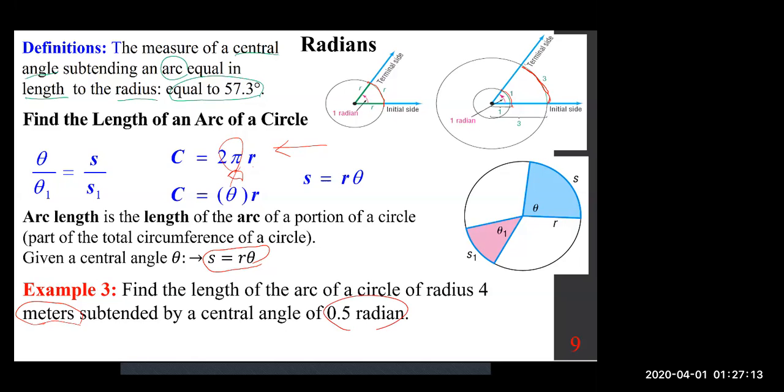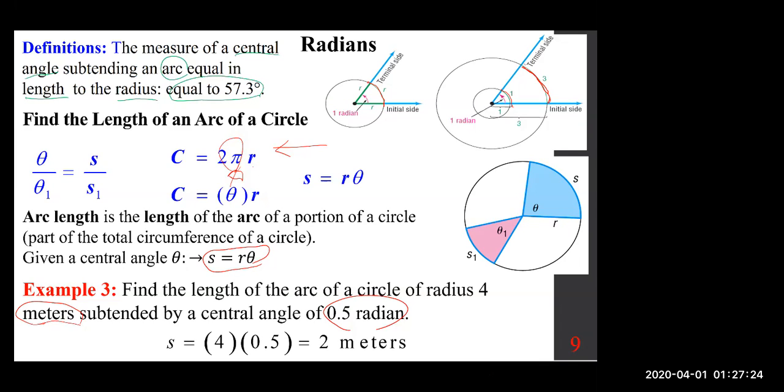So using S equals R theta, just replace the R with 4, theta with 0.5, and you have the answer. The arc length of a circle whose radius is 4 meters, whose central angle is only 0.5 radians, is 2 meters.